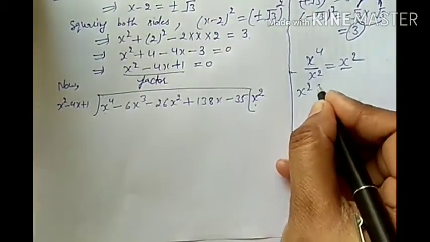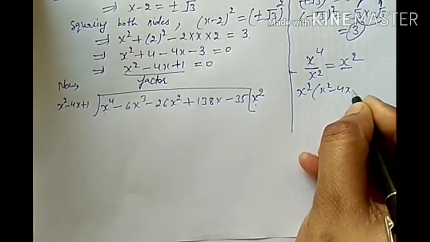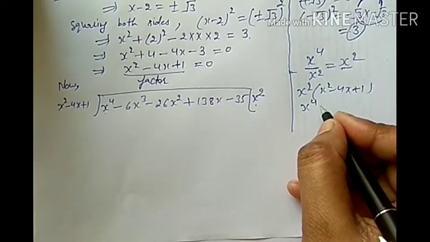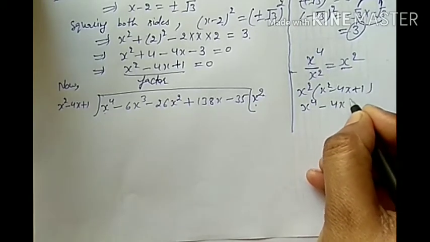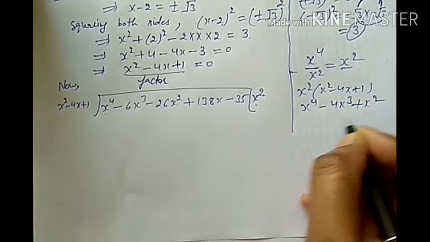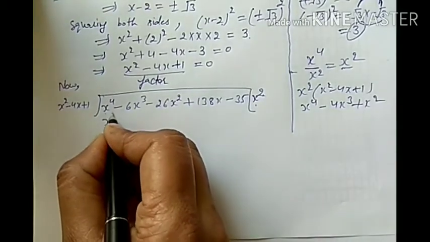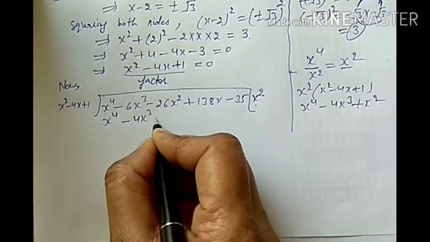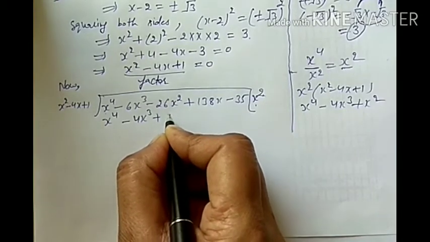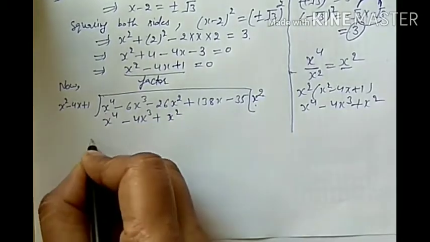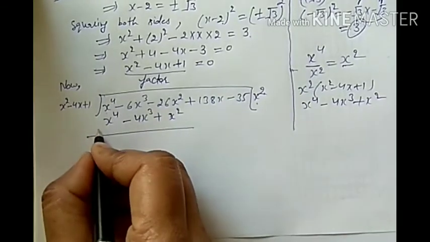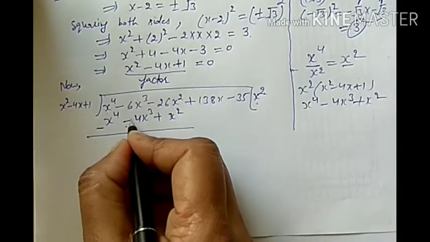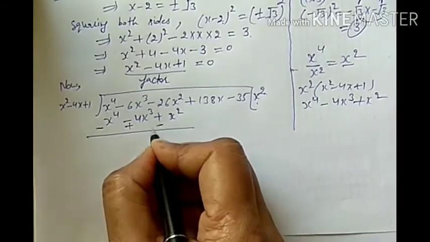So x square times x square minus 4x plus 1 gives x to the power 4 minus 4x cube plus x square. We will write it below the like terms. In subtraction, signs change: minus becomes plus, plus becomes minus.